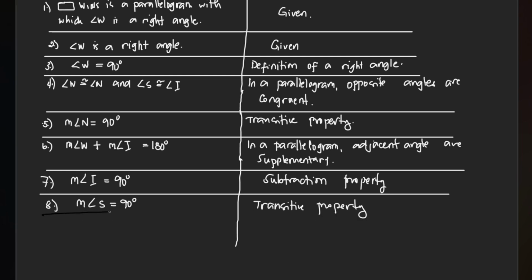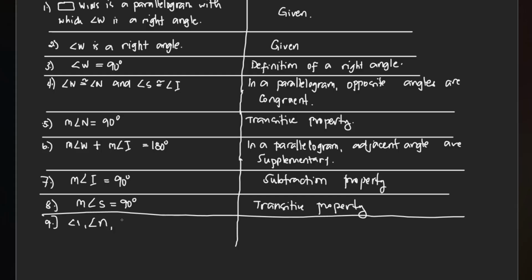Okay? Yun lang. Then, followed by our 9th statement. So, based from our statements from 1 to 8, we all know that angle I, angle N, angle S, and angle W are what?